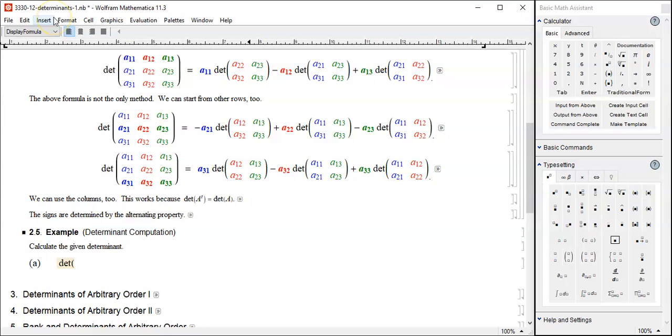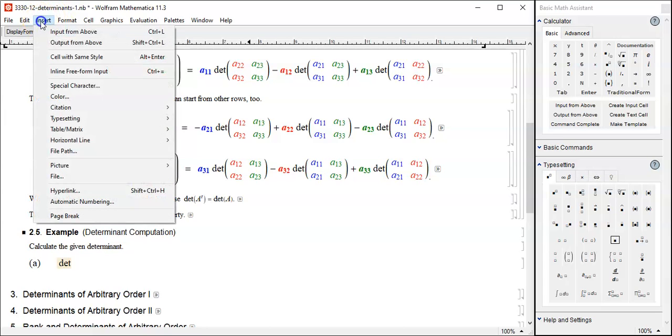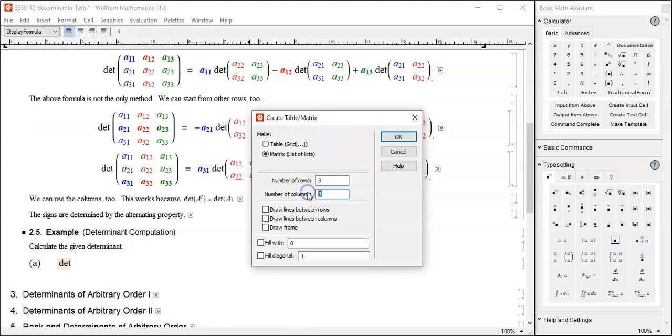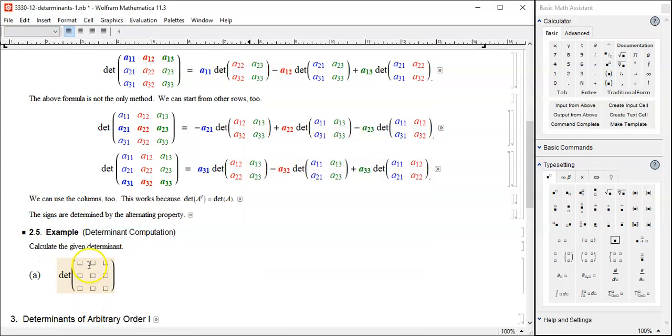Okay, and then let me insert a 3 by 3 matrix.